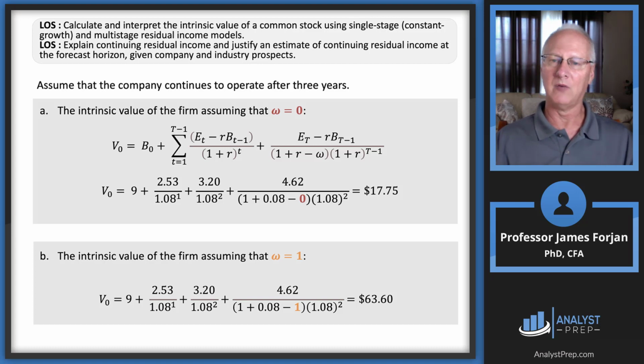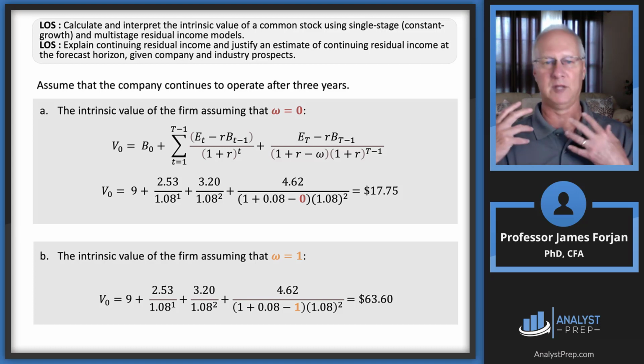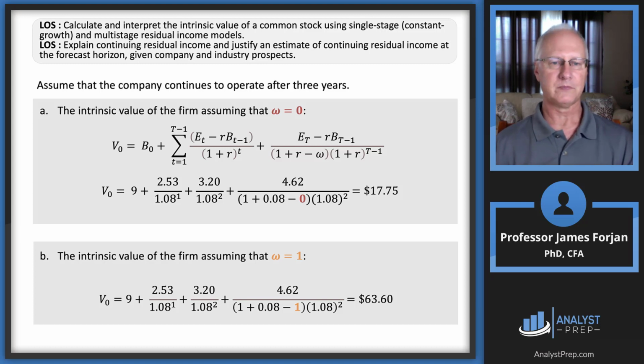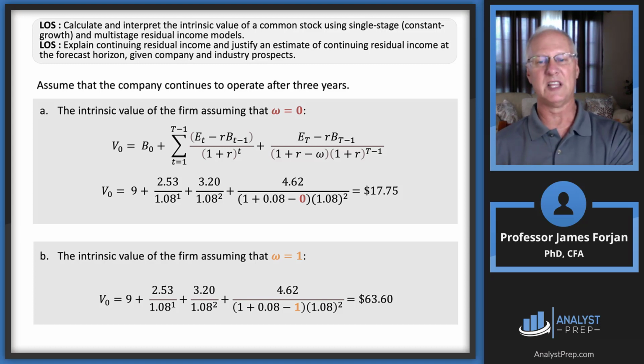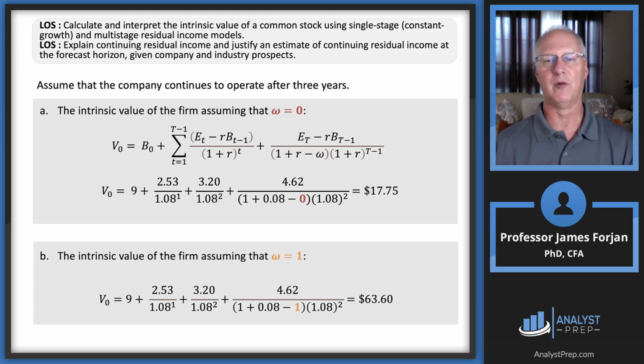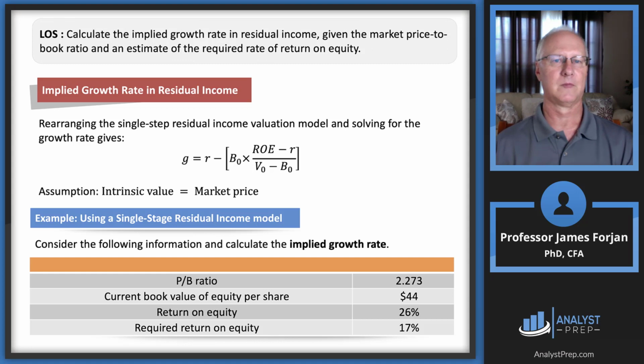And what would we have gotten? We would have gotten intrinsic values of the firm, based on the present value of economic profits, residual income, of between 1775 and 6360. So think of that 6360 as kind of like the maximum value of the firm.